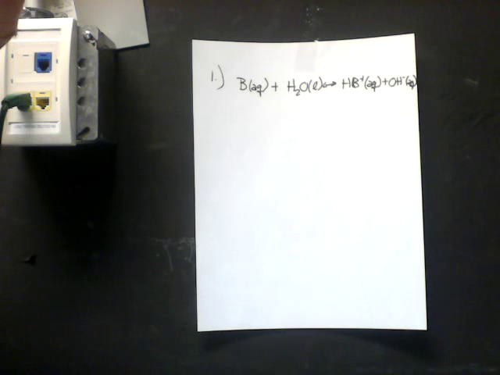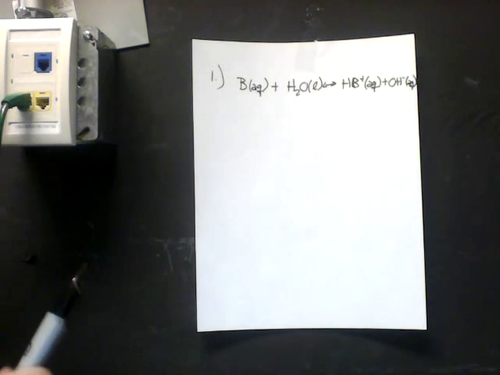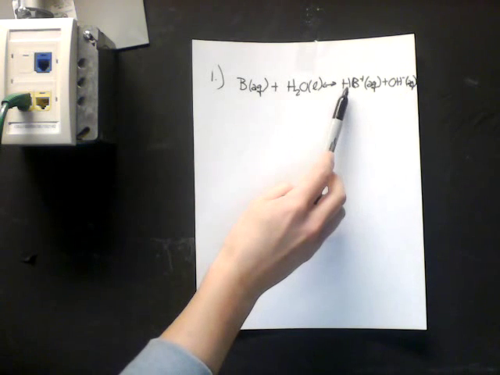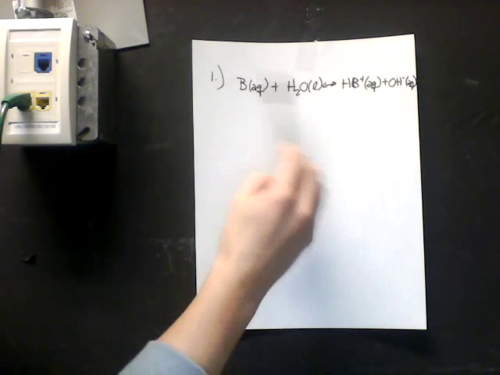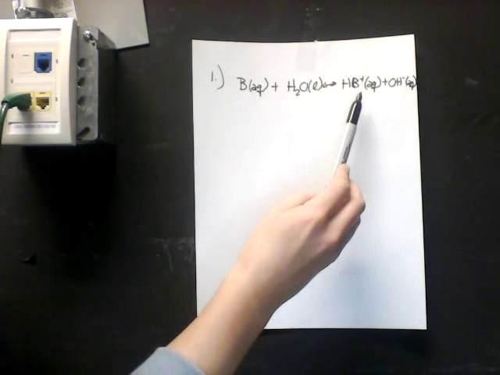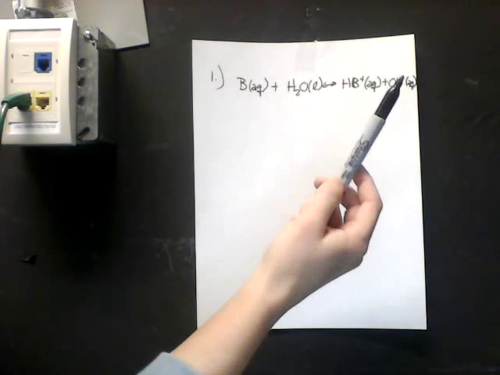Explain the effect of the presence of a salt of HB+ on the ionization of B. So the biggest trick to this problem is anytime you add something to this side, it's going to shift the equilibrium to produce more of the other side. So you add something more to the products, it's going to shift the equilibrium over to the reactants, and vice versa.